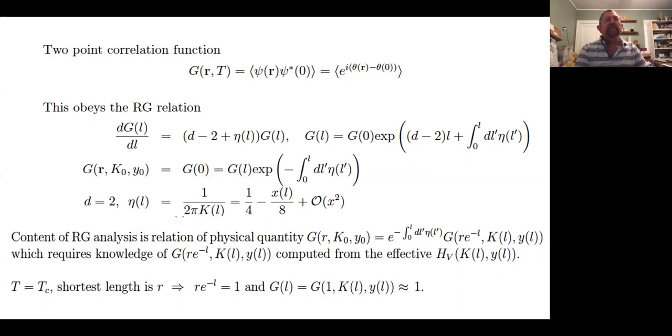Now, maybe I could talk for a few minutes, because we can also calculate the order parameter correlation function, which is called G of R and T. And this is the expectation value of e to the i theta of r minus theta of naught. And this function obeys the renormalization group equation.